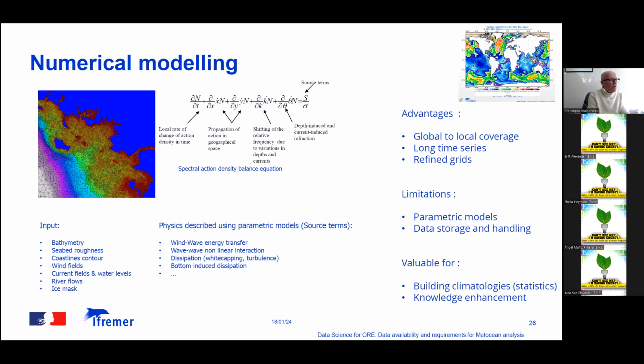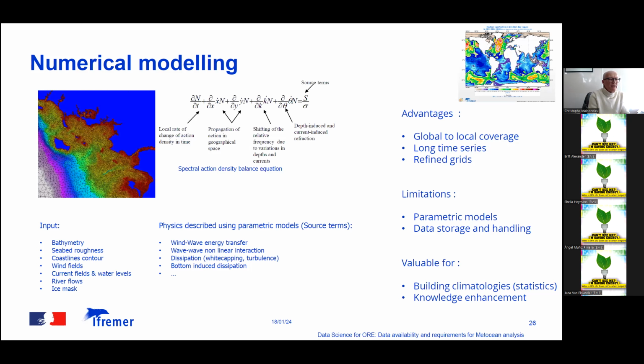So these models will require information as input, like the bathymetry, seabed roughness, or coastline contours. For the wave models, the inputs will also be the wind fields, the current fields, water levels, and so on.